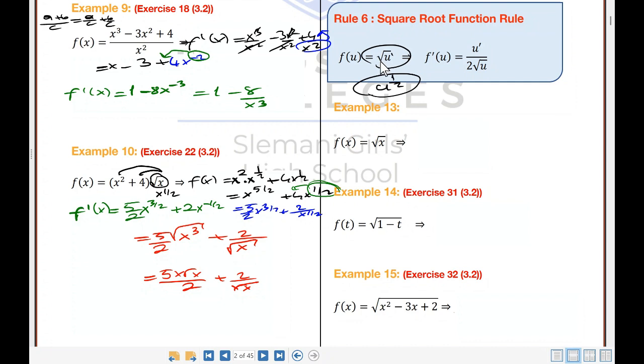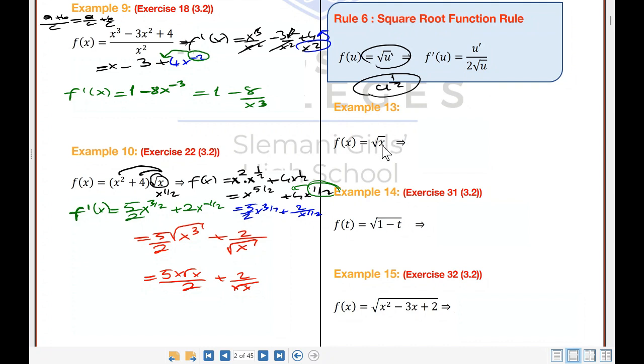But if our radicand is not that simple, it's complicated, then this won't work. We'll need a more complicated rule. So the rule is, for a square root function, if we don't have that simple radicand, we apply the rule as it's given: u prime, the derivative of the inside, divided by 2 square root of u. The derivative of the radicand divided by 2 square root of the radicand.